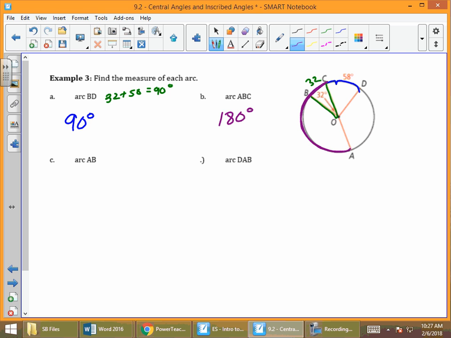So we automatically know that's 180 degrees, if it's going from one end of the diameter to the other. The way I would think of it is you highlight ABC, and then I notice A is one end of my diameter, and it's going to C, which is my other end of my diameter. So I know it's making up half of a circle.